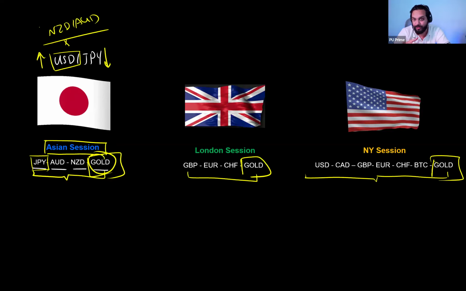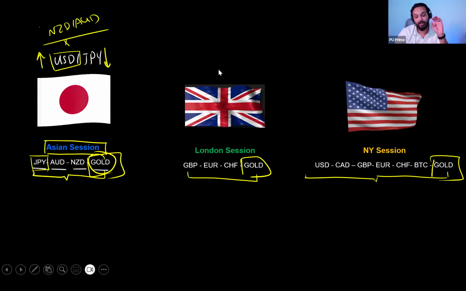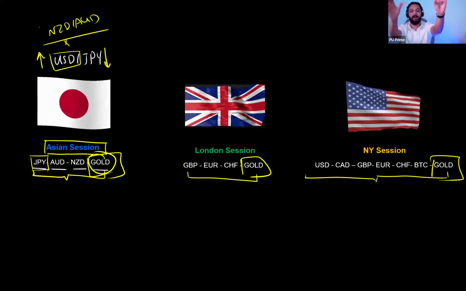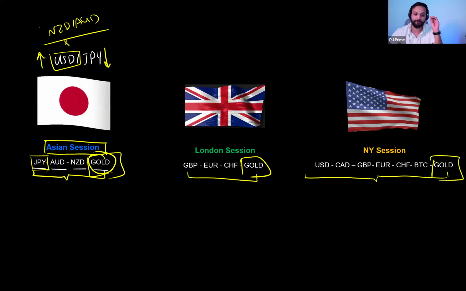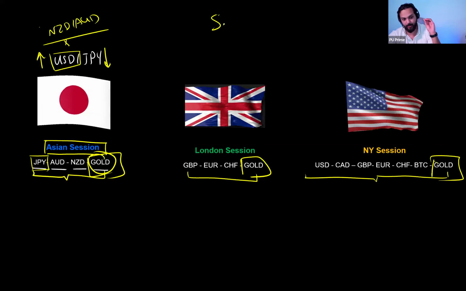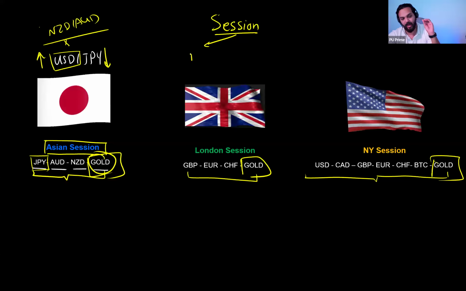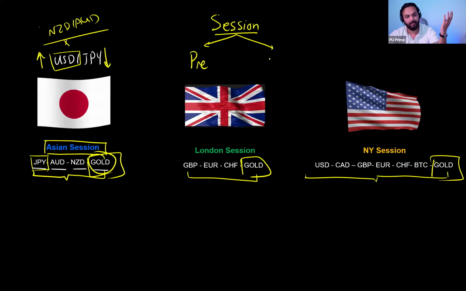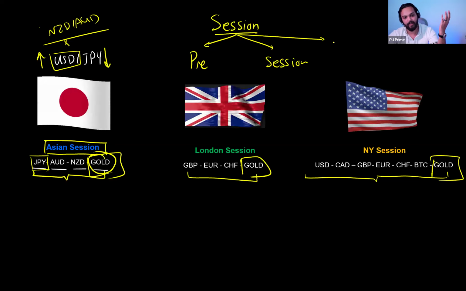Now, guys, you understand which pairs you need to trade in every single session. And just to let you know, the session is not exactly when the market opens. By the word session, I mean that we have a pre-session, the pre-market opens, then the session itself, and then the market closes.